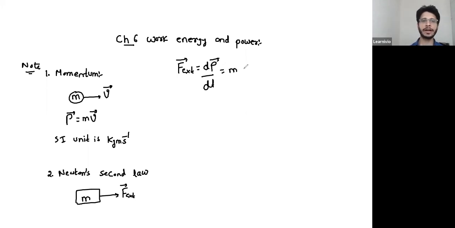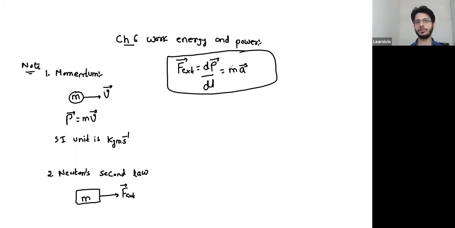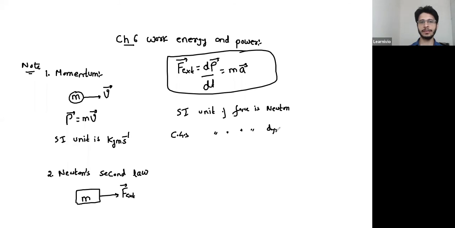You can even write this as mass into acceleration. That's Newton's second law. SI unit of force is Newton. CGS unit of force is dyne. 1 Newton is 10 raised to the power of 5 dyne. That's the relation between Newton and dyne.